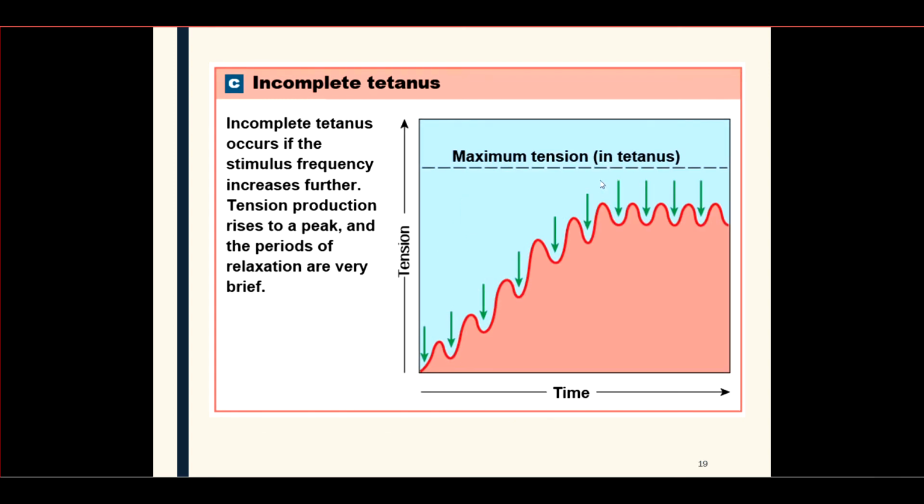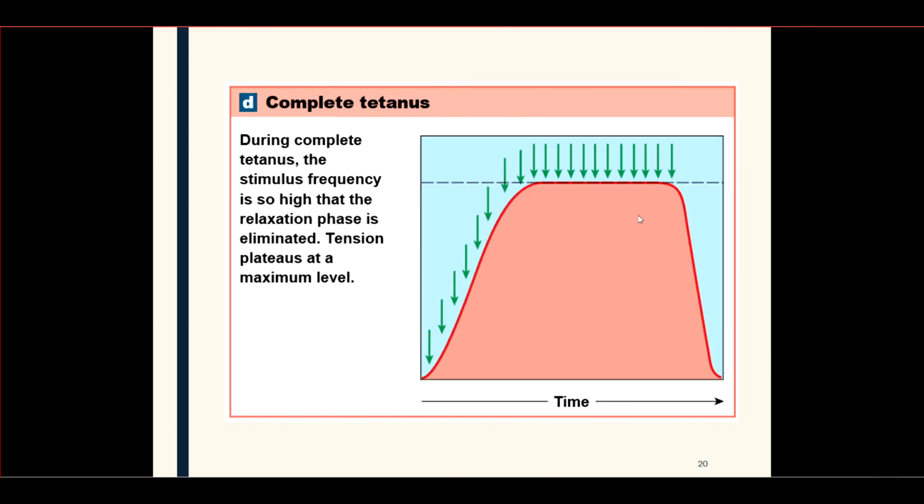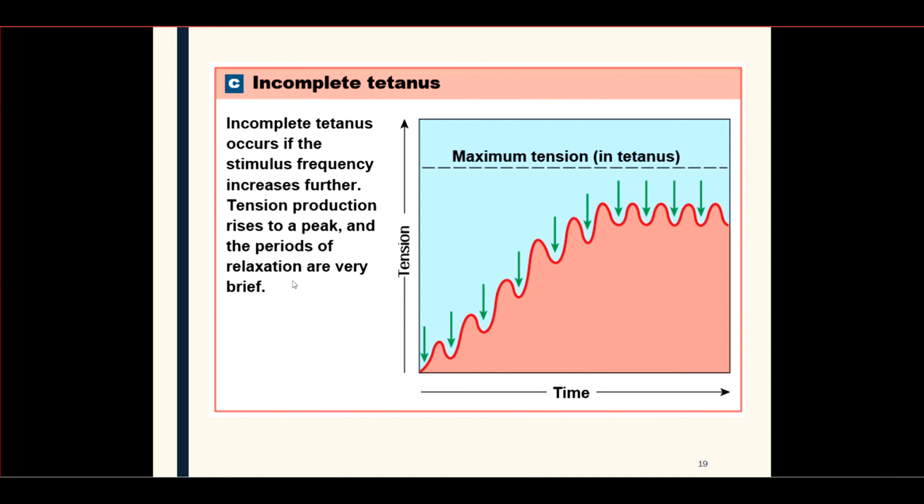Notice what's missing, right? We don't see these downward slopes anymore. They eventually disappear, and we get a nice sustained contraction. This is known as complete tetanus. Right? During complete tetanus, the stimulus frequency is so high that relaxation is eliminated, and tension now is going to be at a maximum level.